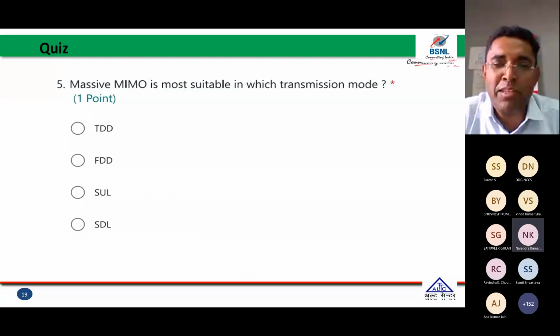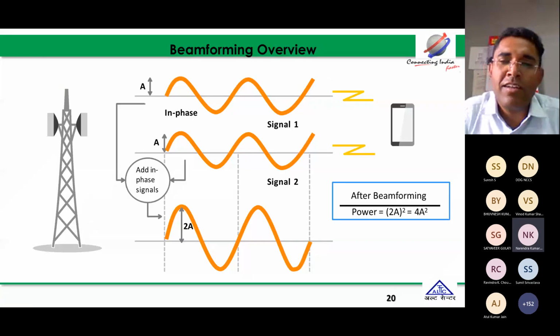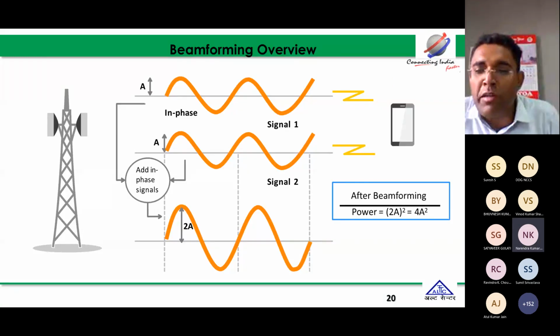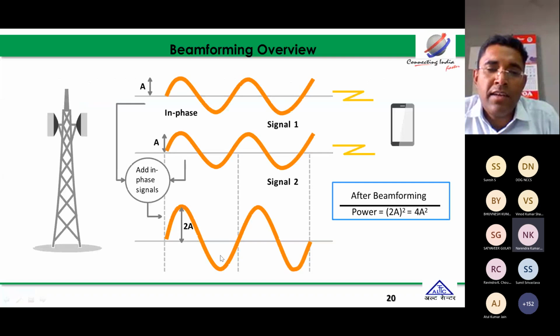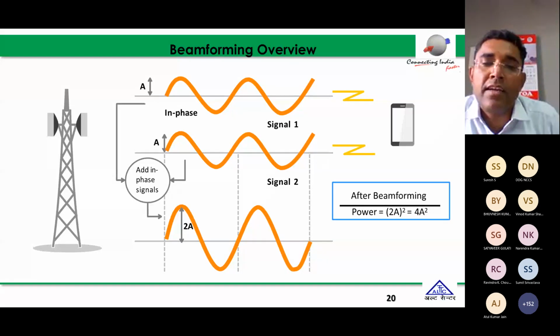Now, after massive MIMO, the beamforming overview: how beamforming is implemented in 5G. That is the basics. If we add two dipole antennas and adjust the phase and amplitude of the signals in such a way that their power is enhanced in the desired direction, or we can say in the desired UE direction.